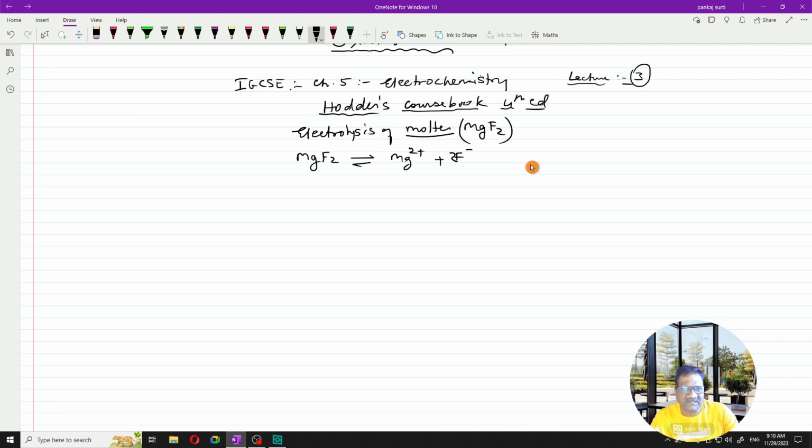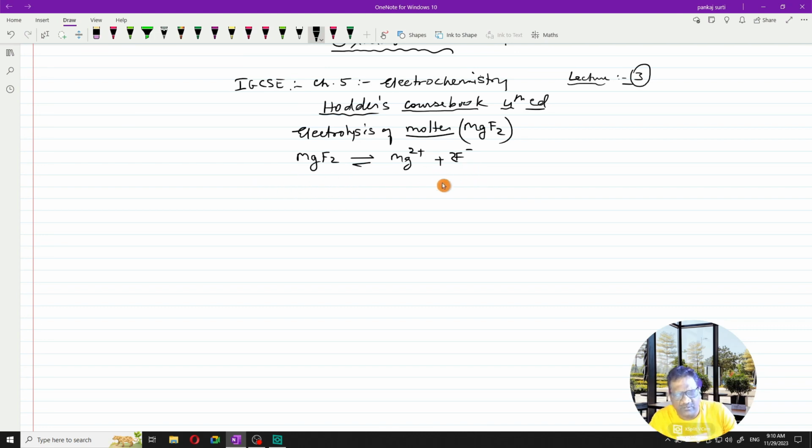Inert electrodes are electrodes which do not react with any substance in the electrolyte. The electrode used here is, say, graphite, or a carbon rod can also be used. Both electrodes will be graphite, suppose, and one is connected to the positive terminal, which will be the anode, and one is connected to the negative terminal, which will be the cathode.